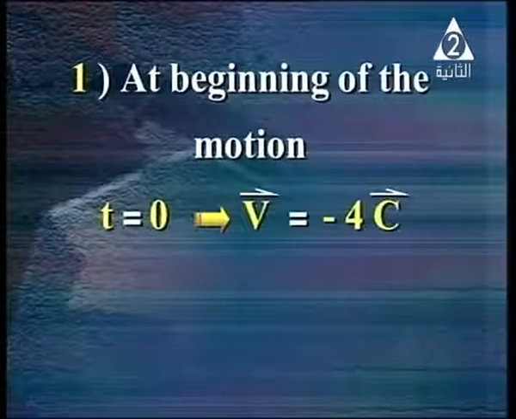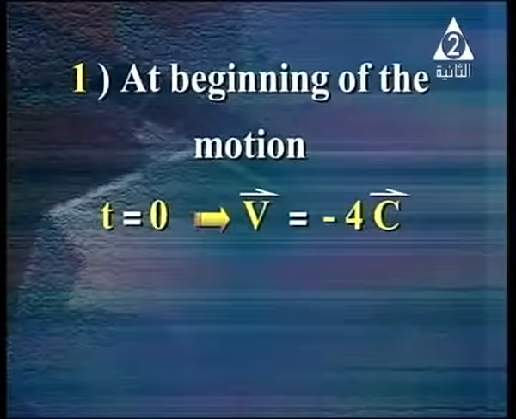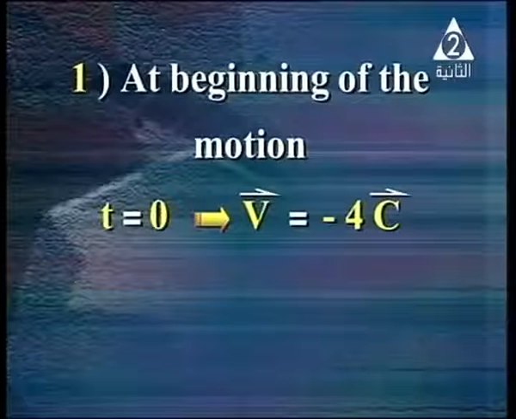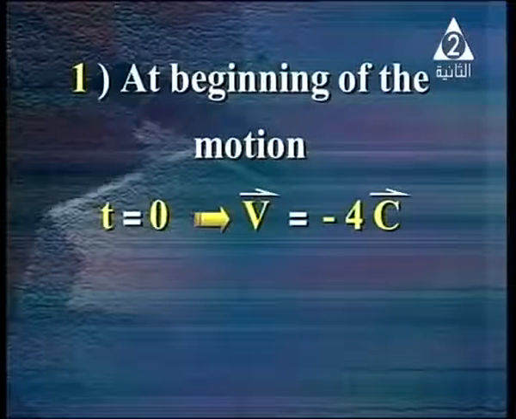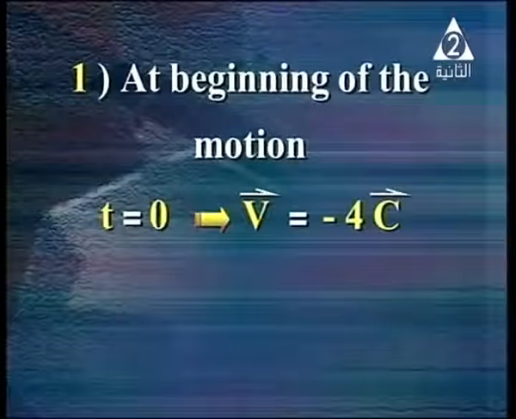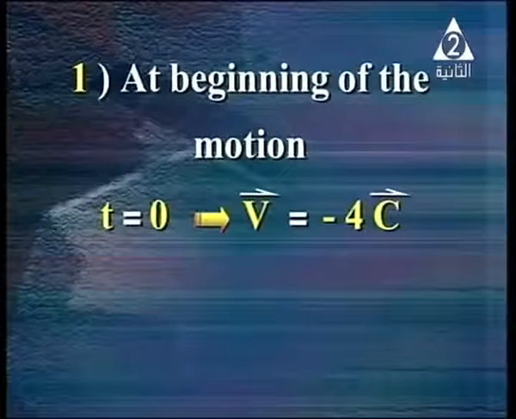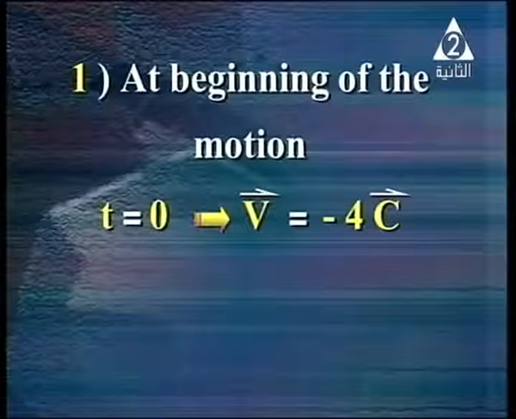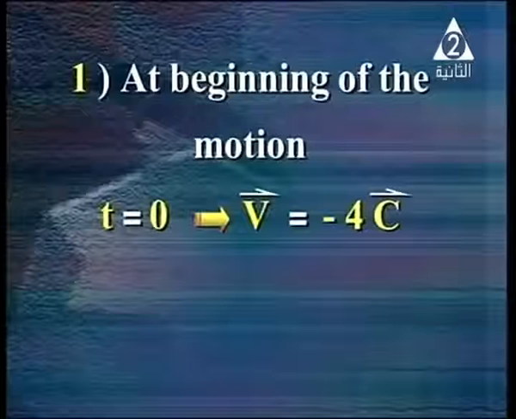By substitution of t equals 0, we find the velocity equals negative 4 in direction c.